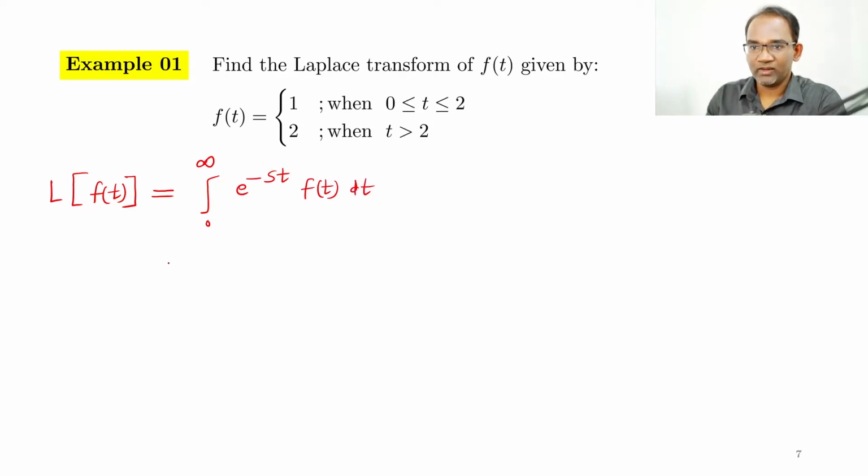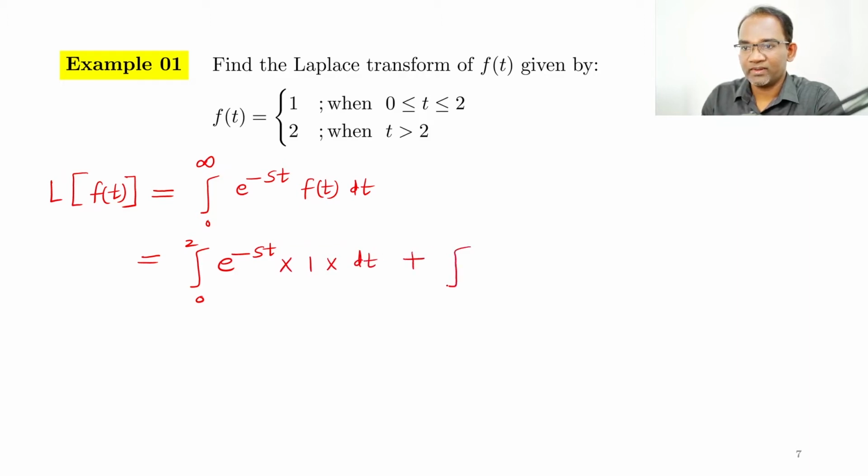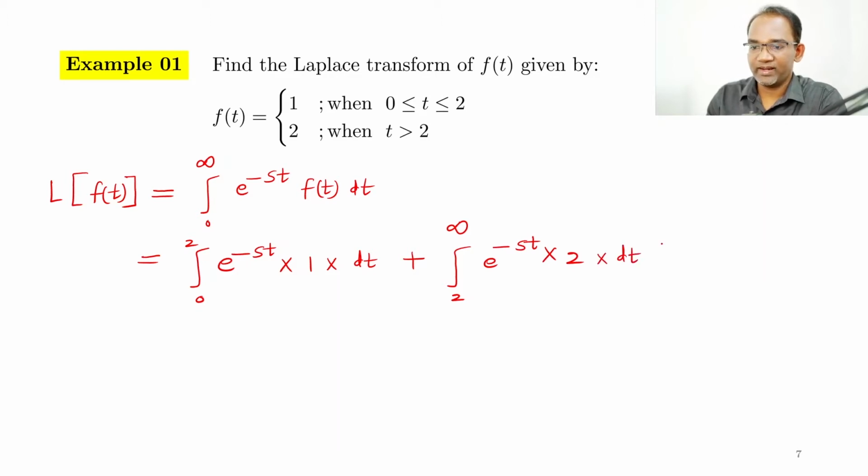Now we'll rewrite this as the integral from 0 to 2, that is the first limit, of e raised to minus st, where within this limit the value of the function is 1, and from 2 to infinity the value of the function is 2, multiplied by dt.